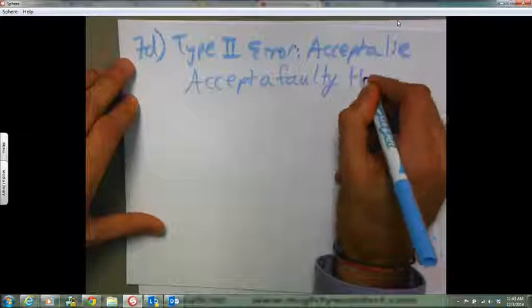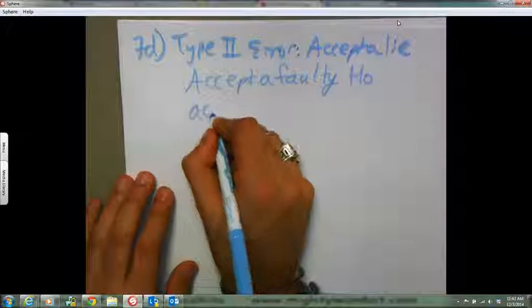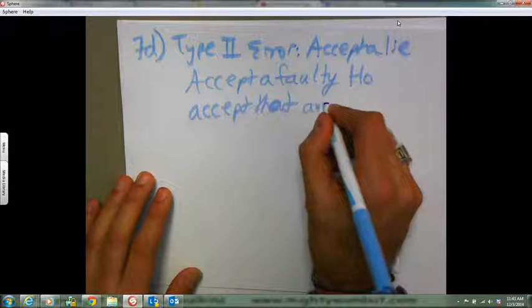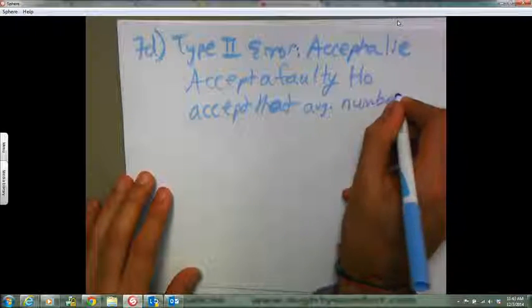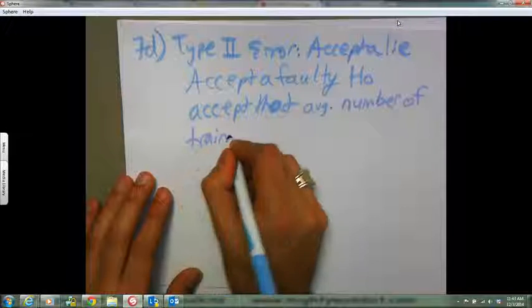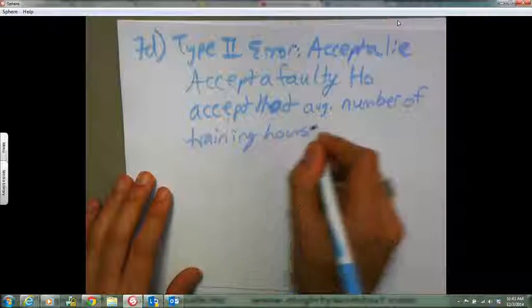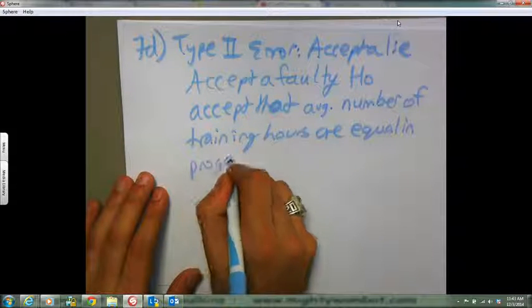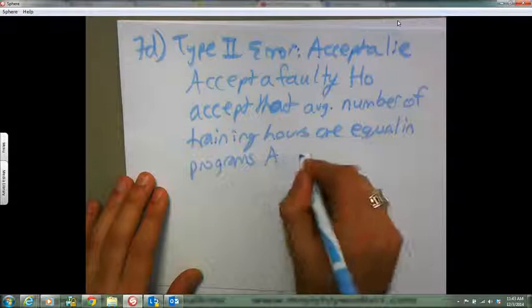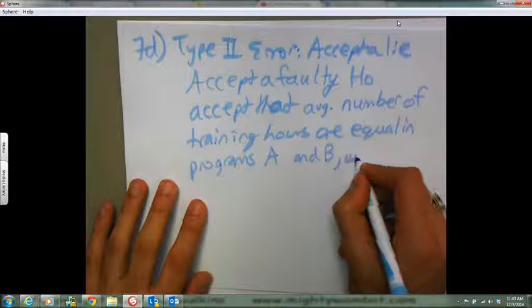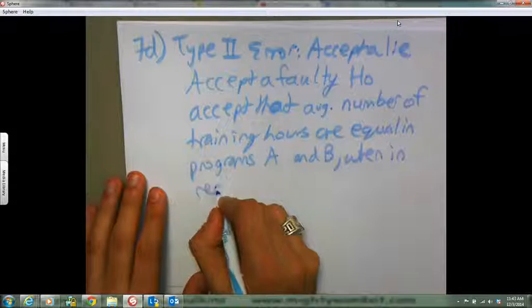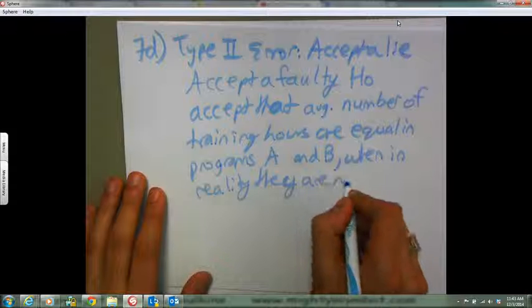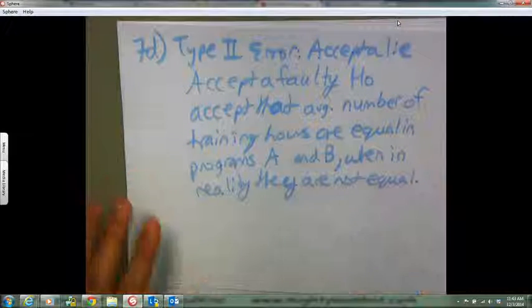In our case, we accept that the average number of training hours are equal in programs A and B, when in reality they are not equal.